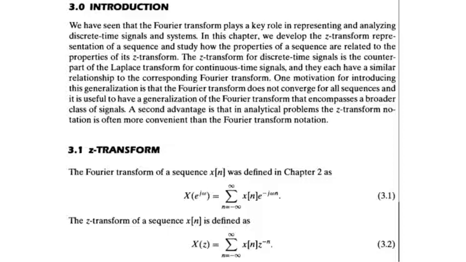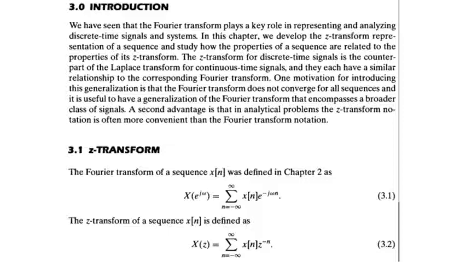Z-transform is for discrete time signals and systems, whereas Laplace transform is for continuous time signals and systems. Both are generalizations of Fourier transform. The generalization of continuous Fourier transform is Laplace transform, whereas the generalization of discrete time Fourier transform is Z-transform.